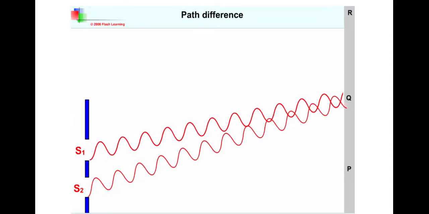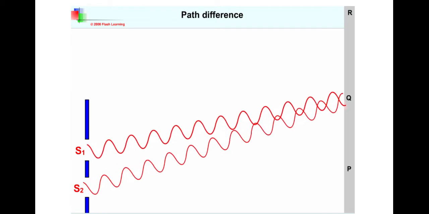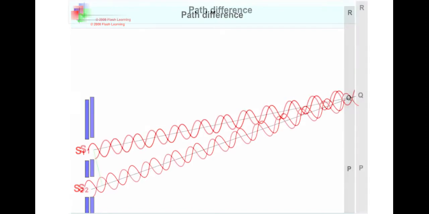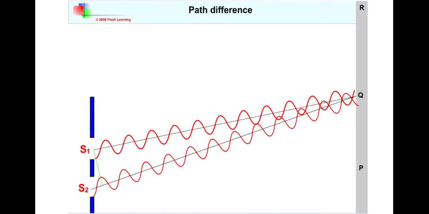At point Q, we can see the waves are arriving there out of phase because one wave has travelled half a wave further than the other. In fact, source 1 has travelled 11.5 waves and source 2 has travelled 12 whole waves. So that's half a wave different. The path difference is half a wave. They're out of phase. We get destructive interference.